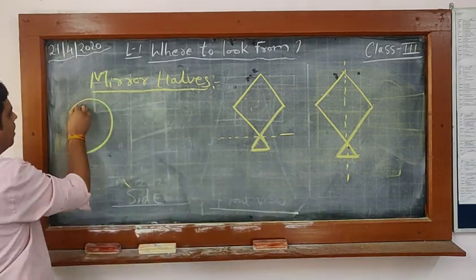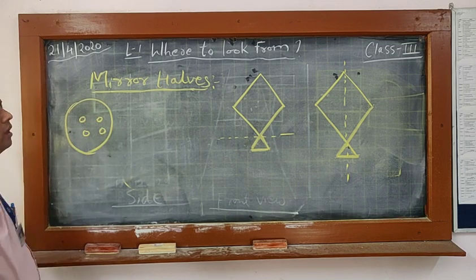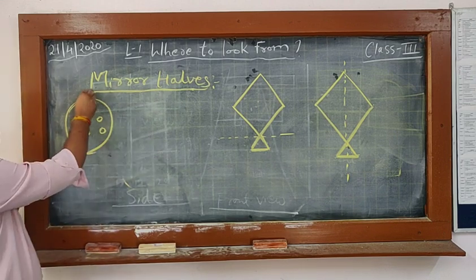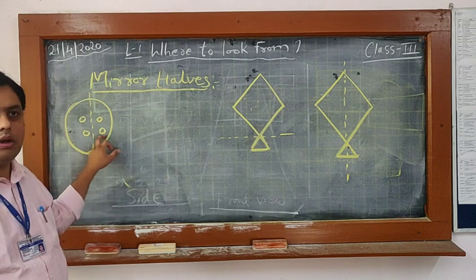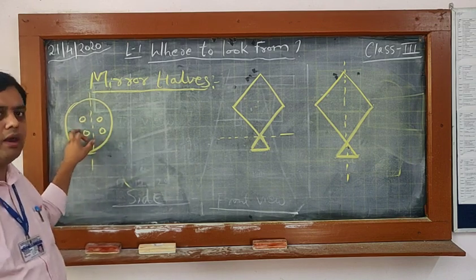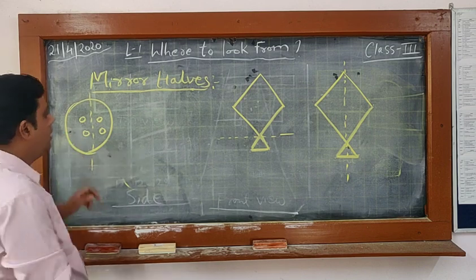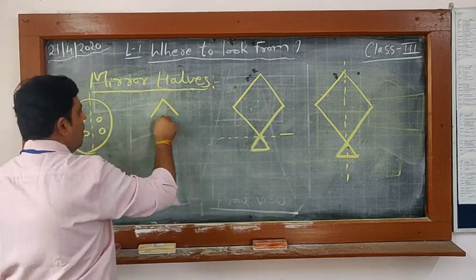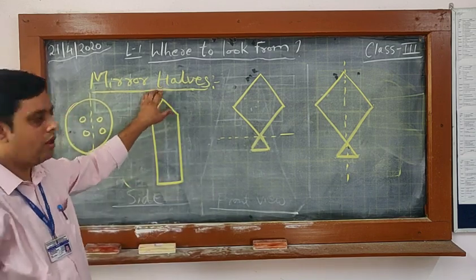See. Now see, in this picture, if we draw a line to divide this, are both parts equal or not? Both parts are equal and both parts are mirror half of each other. Next one is this picture.